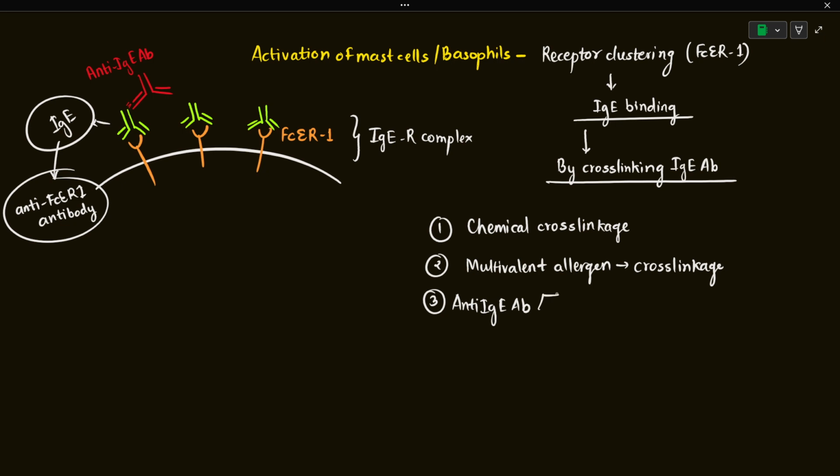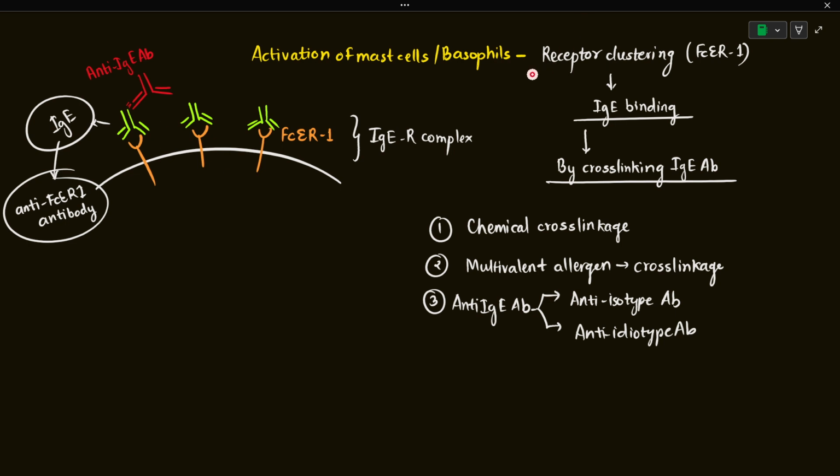There are different types of anti-IgE antibodies, one which can bind to the variable region, while another can bind to the constant region. Depending upon that, they are different, such as anti-isotype antibody and anti-idiotype antibody. If you don't know about those types, fret not, we'll discuss them later. This is how the anti-IgE antibody can result in cross linkage of the IgE antibodies.